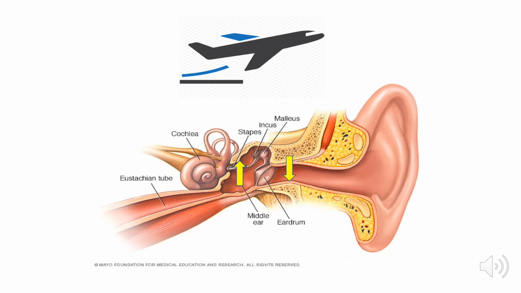Do you know what will be the response of the body? The body will use the eustachian tube. The eustachian tube will open up and allow the air within the middle ear to escape, causing a drop in the pressure within the middle ear.